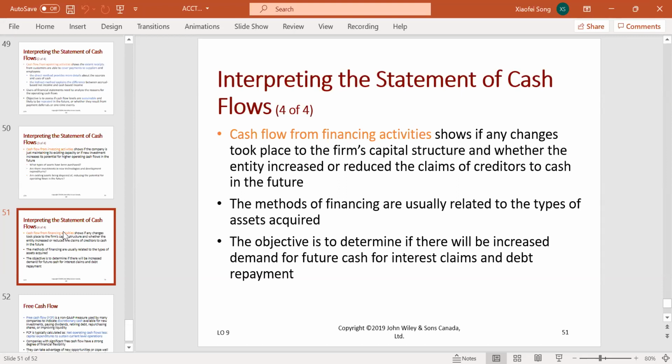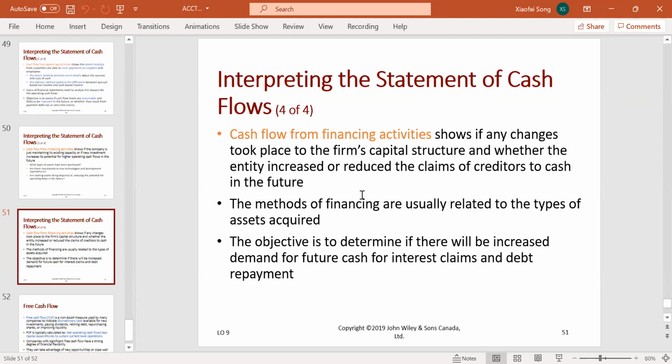So you have to issue more shares to get the same amount of money, and keep going. So the objective of analyzing this part is to assess borrowing ability going forward, because if you keep borrowing, you reduce your borrowing ability and you have a heavy burden to service the debt, right? But if you pay off lots of debt, you have borrowing capacity.